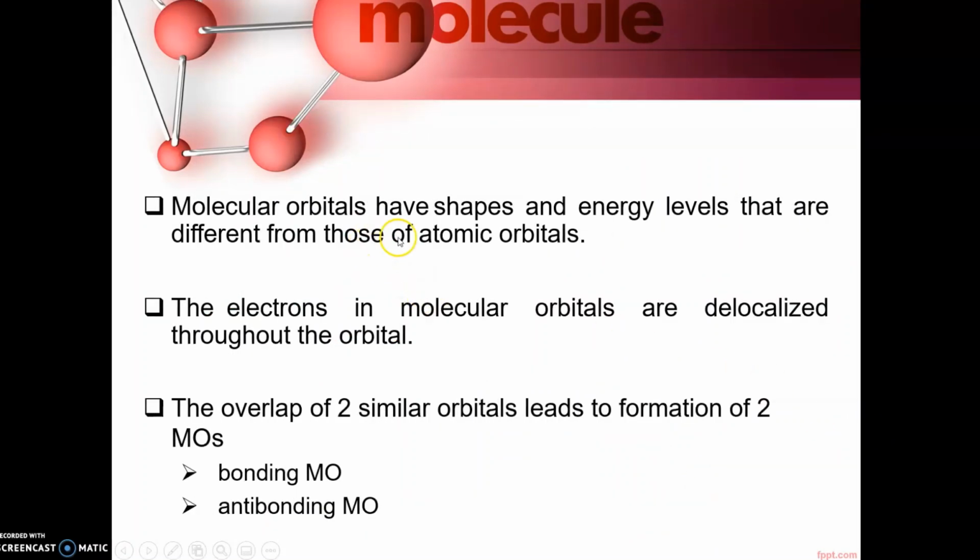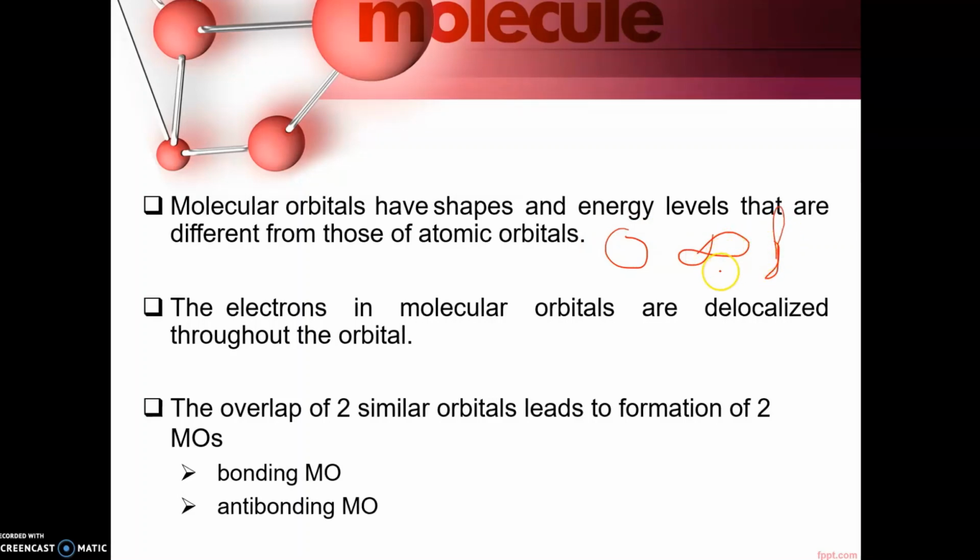The molecular orbitals have shapes and energy levels that are different from those of atomic orbitals. Before, with atomic orbitals, we learned that there is one s, and then p with 3 orbitals along different axes: x, y, z. So they're different.